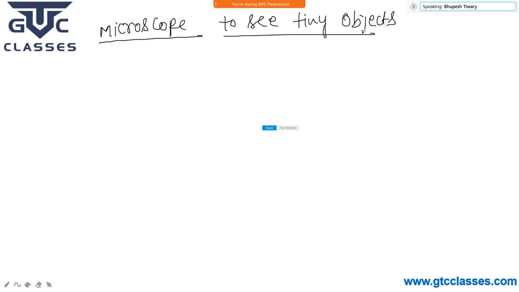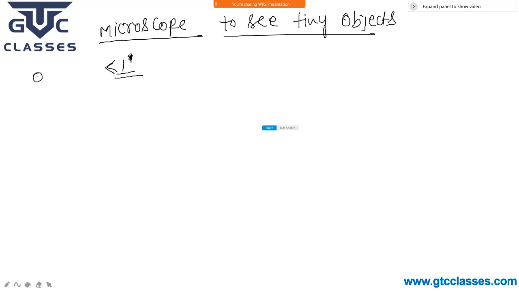Correct. So if you see, like, let's say this is basically like this. Okay. If I ask, okay, what do you see inside the circle? You will say a dot, isn't it? But why? Because the angle this entire object inside the circle is making in our eye is less than the resolving power, less than 1 minute.